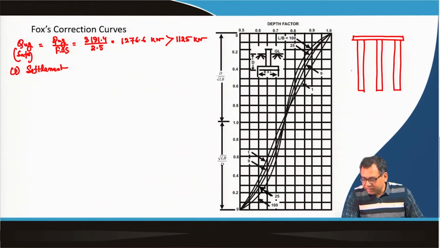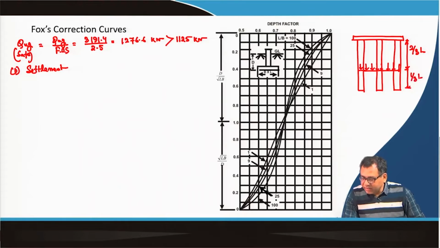So, we will put the raft at 2/3 from the base, or from the top of the pile. So, here we will place the raft, and that means this is 2/3 L, this is 1/3 L.